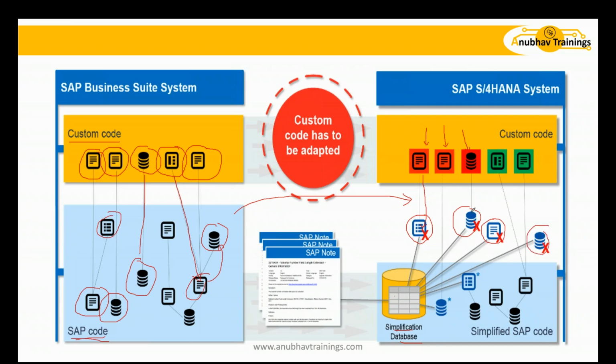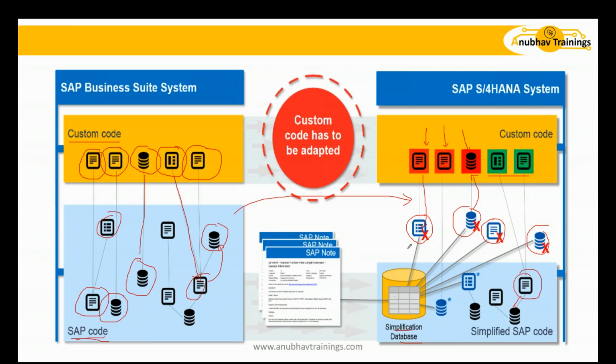Now the objects which are deleted have a direct impact on your custom code, and your custom code will lead to dumps. You can see it's dumping, all are red. Whereas there are cases where your custom code is still going to work smoothly because SAP haven't changed anything in the underlying object, which then depends on other objects. So there are things which have been changed in standard, and there are things which have not been changed.